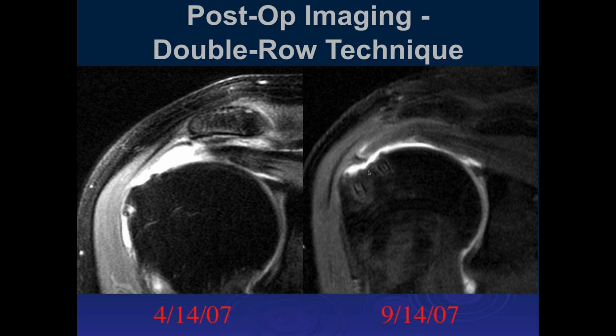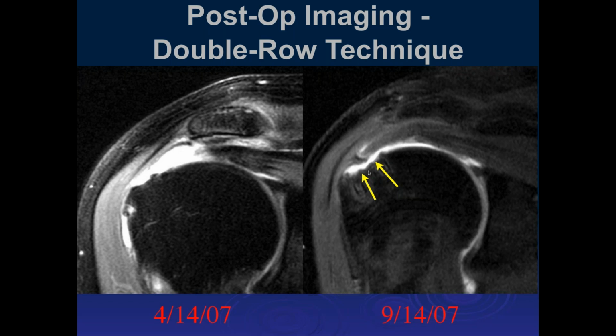So this was not considered a successful technique. Yeah, what you really have to do is not think about using double row, triple row, or whatever, but use what you need to tack down the tendon and get a good fixation.